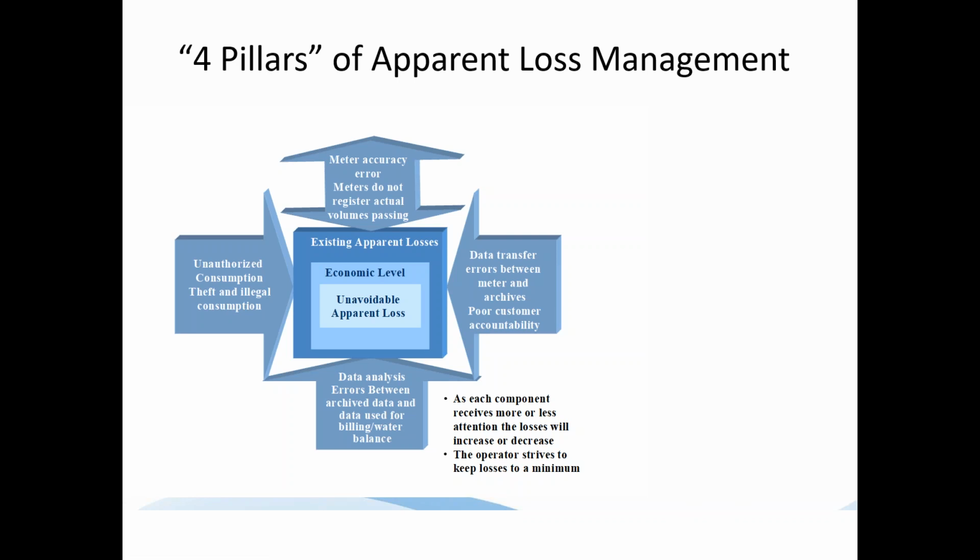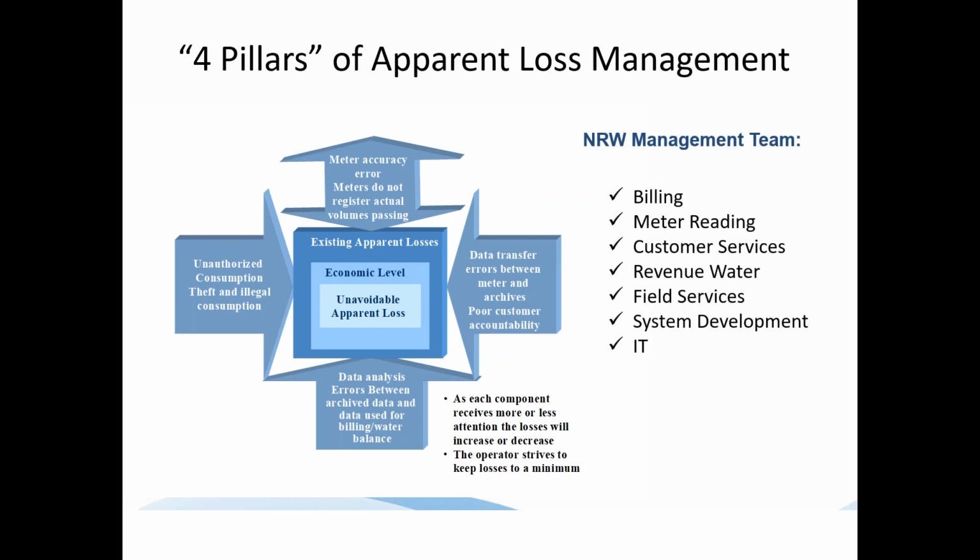These are all things that you've got to put into play when you're going through your audit and how you move your audit forward. You've done it, you've corrected it, you know your answers are right. Now how are you going to move forward so that your non-revenue water management team is making sure that billing and reading and customer service and revenues and field services all are doing their jobs to make sure you're collecting every nickel you can.